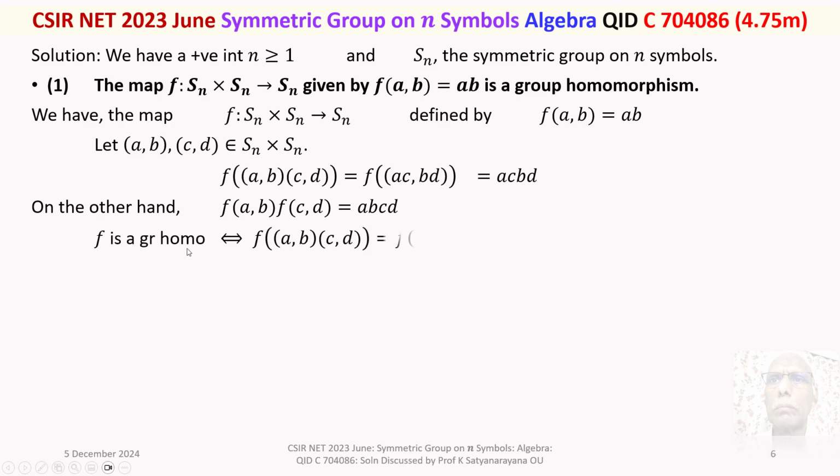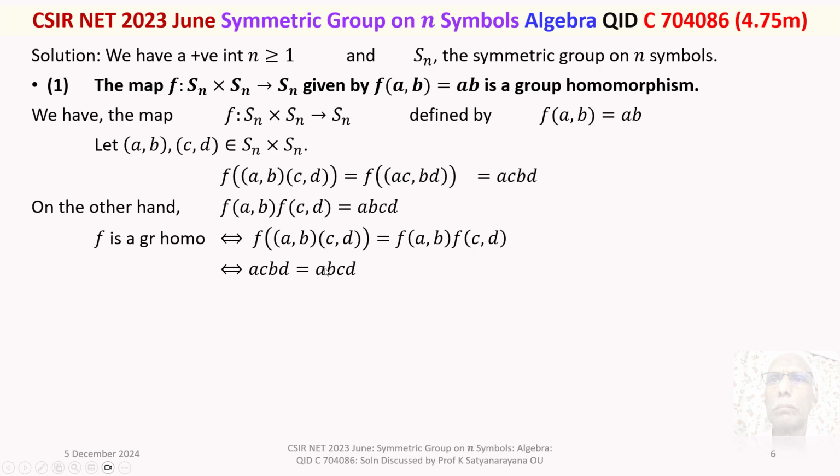So f is a group homomorphism if and only if f of (a, b) multiplied by (c, d) as in Sn cross Sn is equal to f of (a, b) multiplied by f of (c, d) as in Sn. Agreed. That means this is if and only if the first one, acbd, is equal to the second one, abcd.